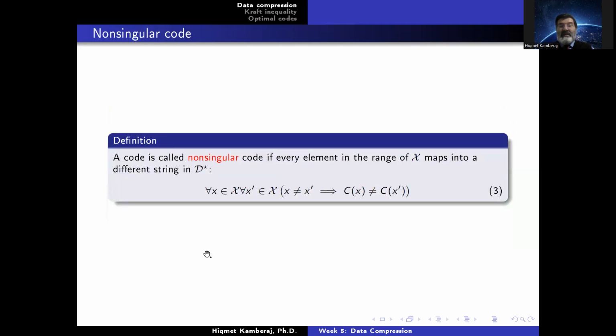We can now give the definition of the so-called non-singular code. A code is called non-singular if every element in the range chi maps into a different string in D star. This would mathematically be written as: for every x from chi, for every x prime from chi, whenever x is different from x prime, then C of x is different from C of x prime.